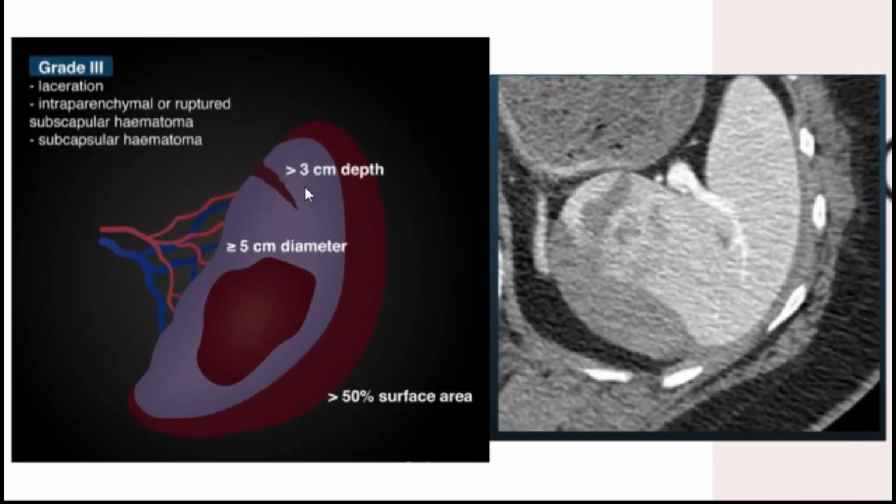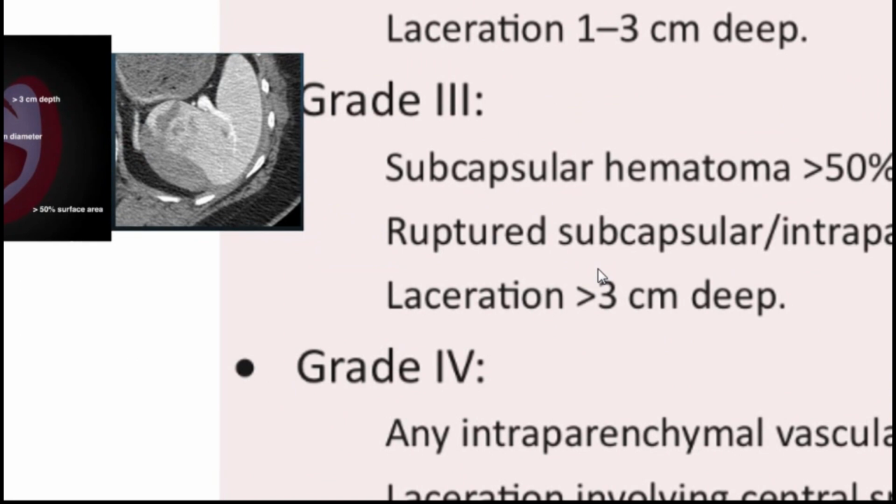So this is grade 3: laceration more than 3 cm deep, intraparenchymal hematoma more than 5 cm, or subcapsular hematoma more than 50% of the surface area. Okay, in this image you can see an area of hypodensity involving a large part. I think this is the hematoma, right? Subcapsular and intraparenchymal hematoma with a deep splenic laceration, more than 3 centimeters, indicating a grade 3 injury.